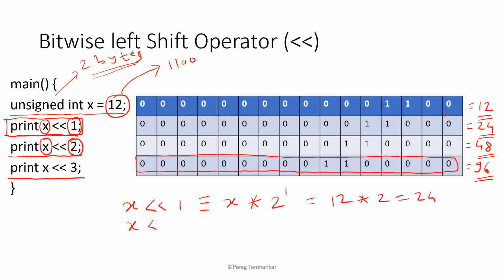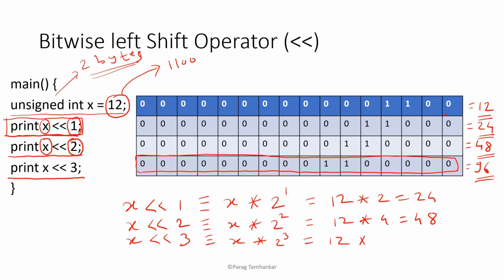Left shift by 2 is equivalent to multiplying x by 2 raised to 2, so it is actually 12 into 4, which is 48. And when you left shift by 3, it is equivalent to multiplying x by 2 raised to 3, so 12 into 8, which is 96.